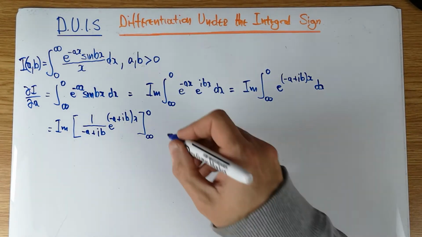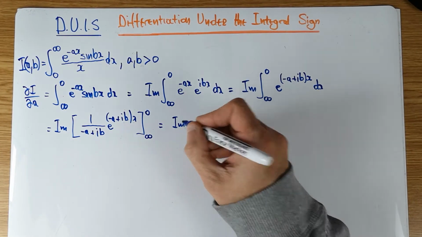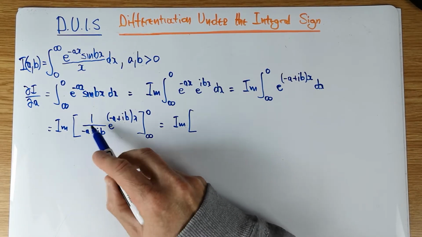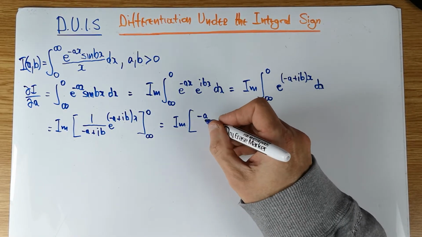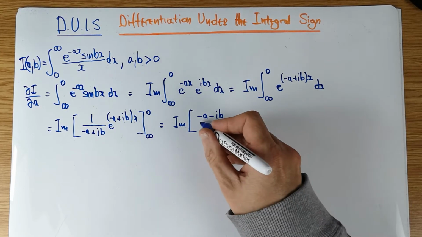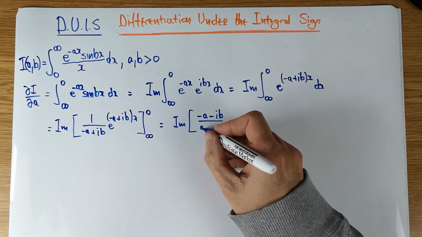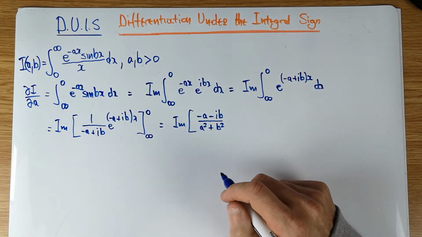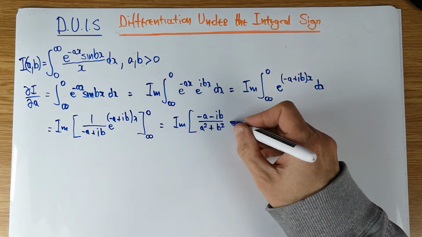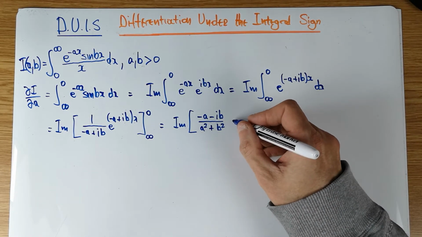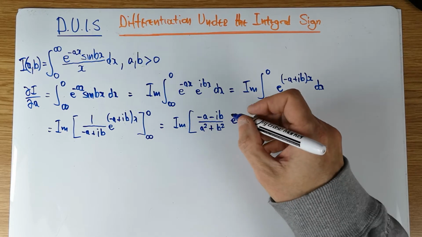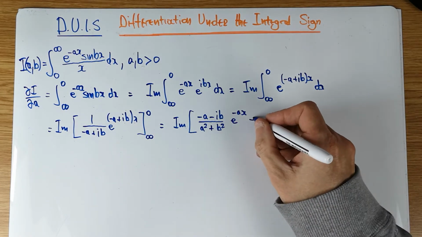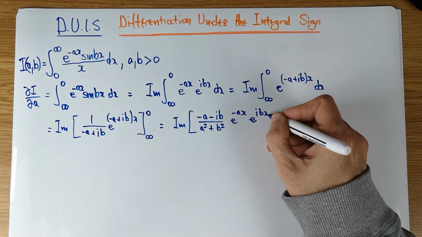Okay, so we need to start tidying things up. That's the imaginary part, and let's first of all conjugate this term. So it's going to be minus a minus i b over a squared plus b squared. That's the conjugation of that. And I'm going to rewrite this back into how it was, so that is going to be e to the minus ax, that's this bit here, times e to the i b x.